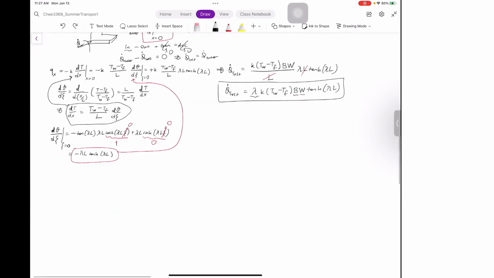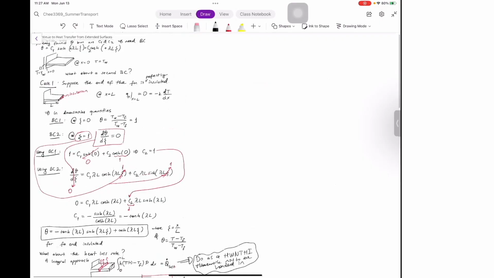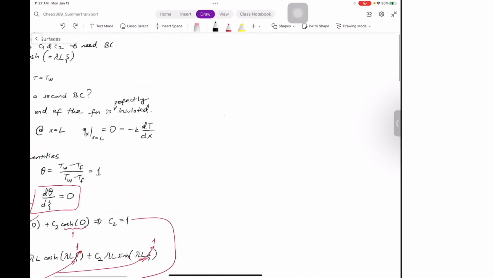Now, let's talk about something called the fin efficiency for this case.